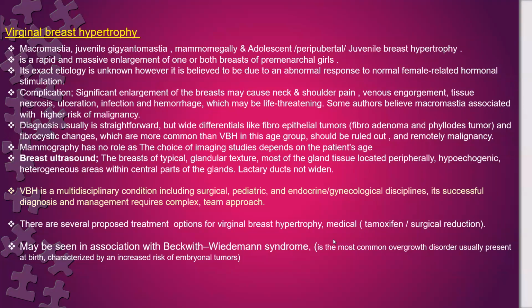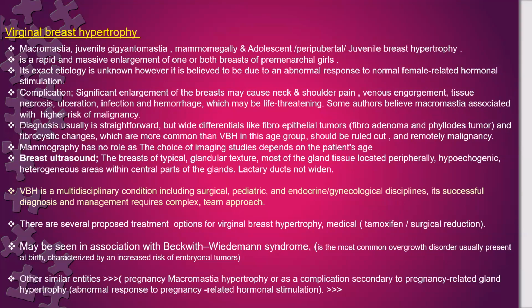That is why they give tamoxifen to inhibit proliferation of the gland. It might be associated with Wittmann syndrome and other similar entities of macromastia, as we mentioned before, like pregnancy macromastia, or hypertrophy related to abnormal stimulation of the breast by pregnancy-related hormones.